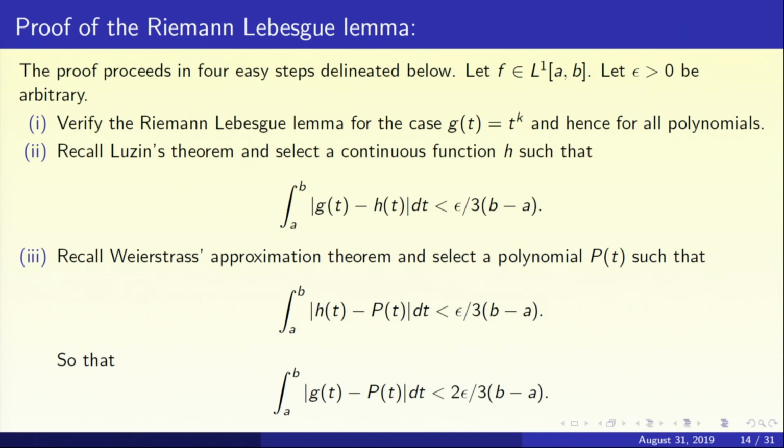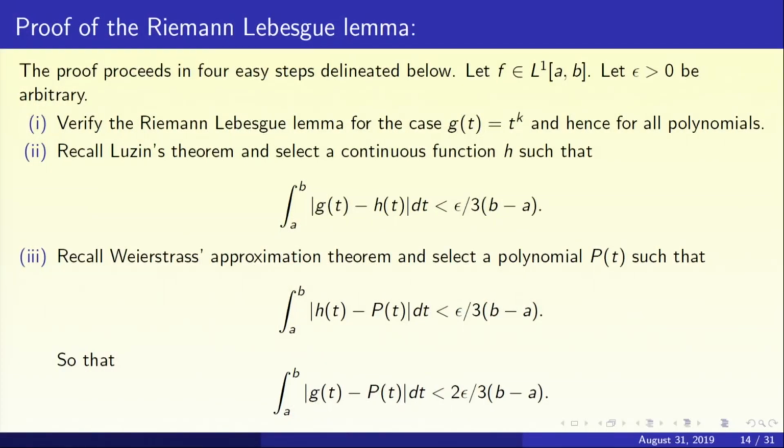So pick up a polynomial p t such that integral a to b of mod h t minus p t dt is less than epsilon by 3 times b minus a. Add these two. What do we get? Integral a to b of mod g t minus p t dt is less than 2 epsilon by 3 times b minus a.